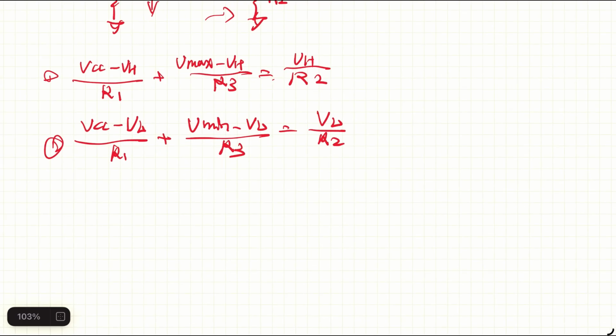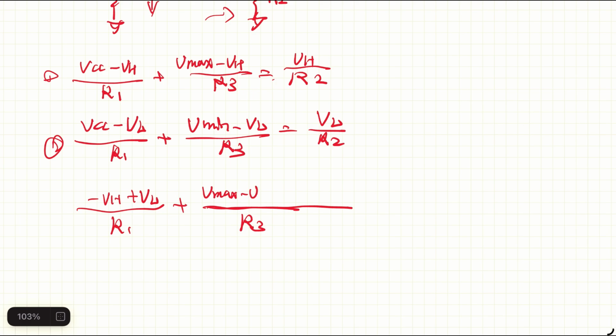What we get is R1 still there, and the VCC cancelled, and here we get minus V high plus V low, plus R3 and V max minus V min, that's the difference between the output, and minus V high plus V low, and on this side is V high minus V low and R2.